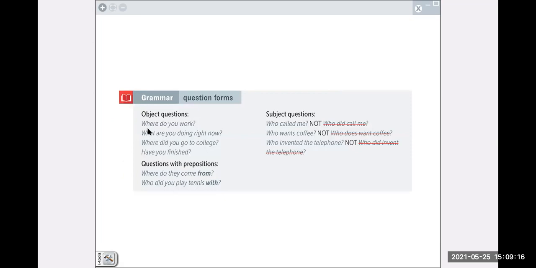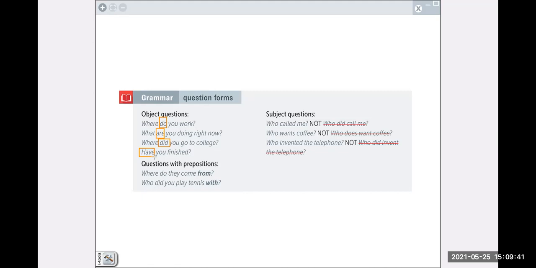Number 1, it says, where do you work? What are you doing right now? Where did you go to college? Have you finished? As you can see in all these questions, we have auxiliary verbs: do, are, did, and have.